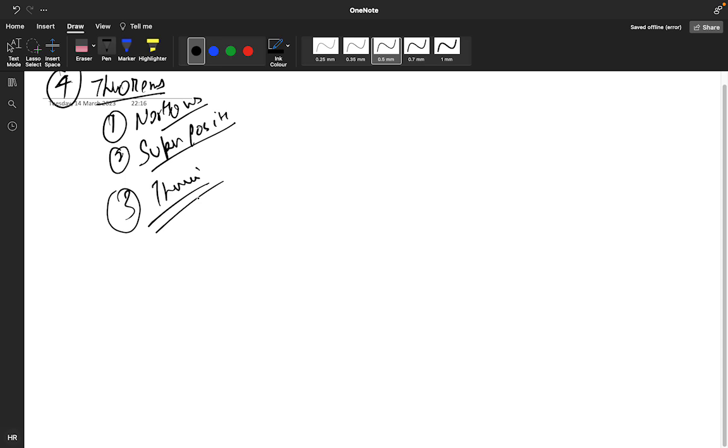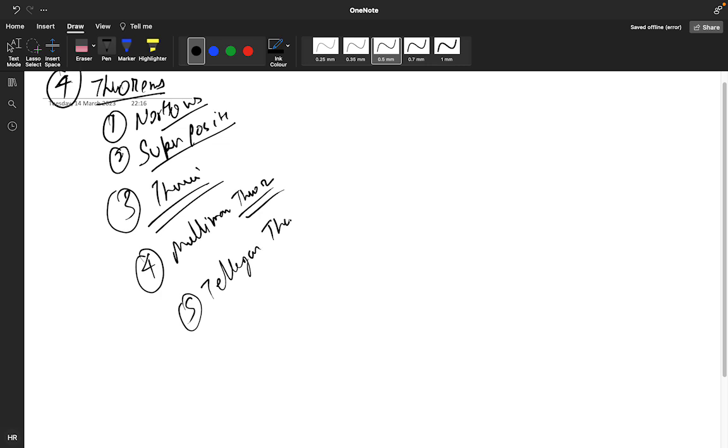It will not take that much time. And there is Millman's theorem, one topic you will study, and another is the Tellegen theorem. So in theorems, you have to study Norton's theorem, superposition theorem, Thevenin's theorem, Millman's theorem, and Tellegen's theorem.